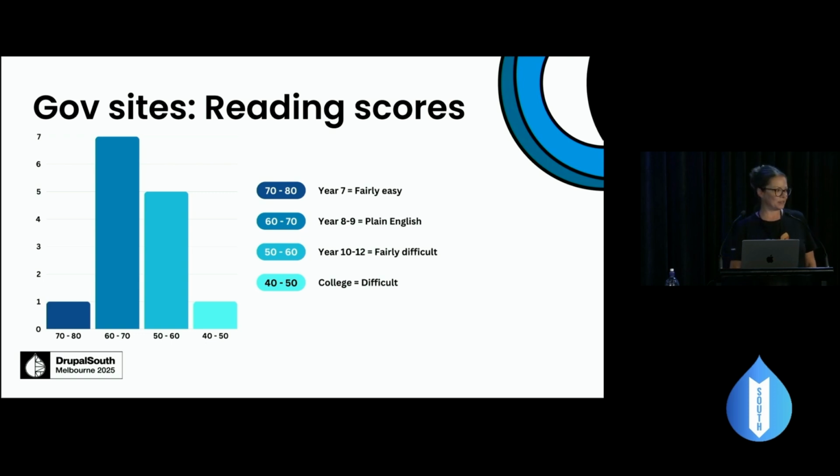Circling back to the results I showed earlier on the government surveys. Initially, looking at those results, it looks like maybe the government sites aren't doing so well, but we're looking at those average overall scores.